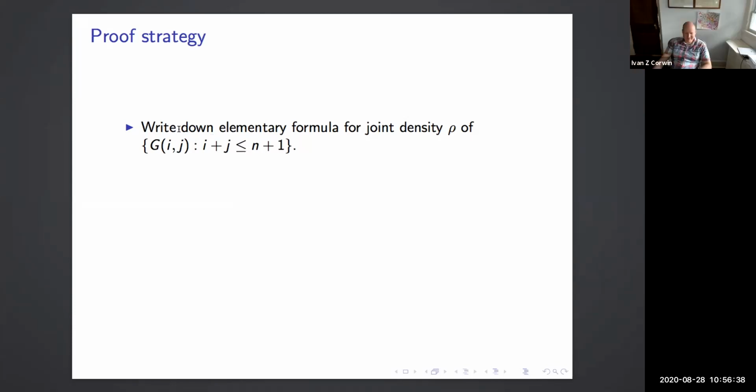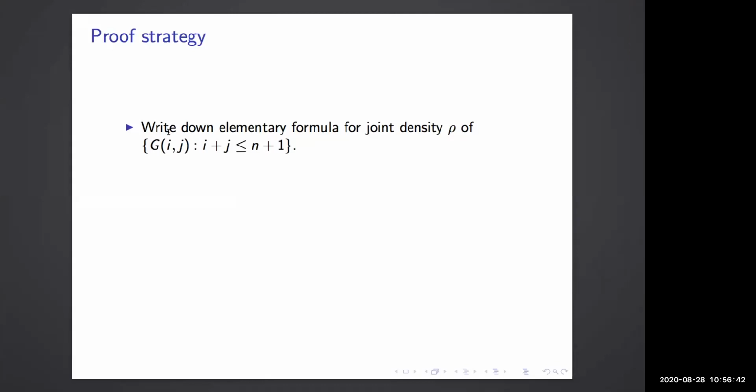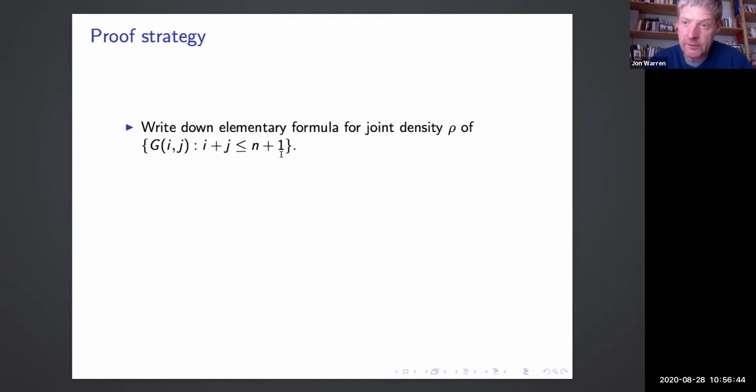Which is that you write down a formula for the joint density of this whole field of point to line last passage times. And the key thing there is that it's an elementary formula. Last passage times are serious objects with complicated distributions, except when you look at them all.